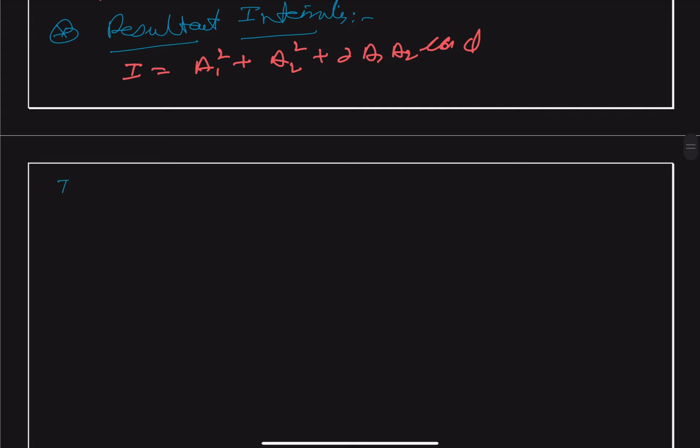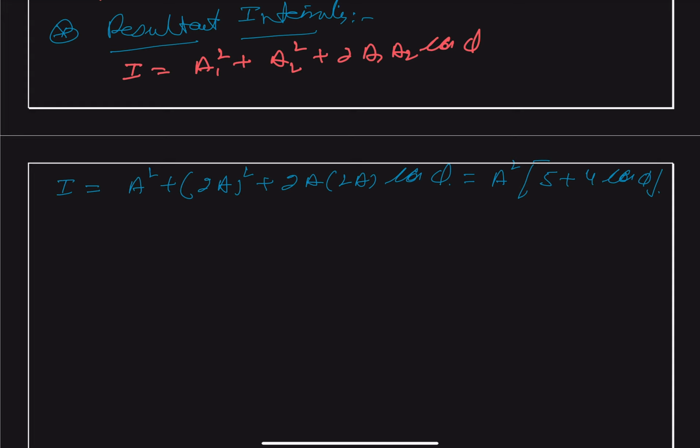We get intensity I equal to A square plus 2A square plus 2A multiplied by 2A, cos of phi, and we can easily solve it. Taking A square as common, this comes as 5 plus 4 cos of phi.